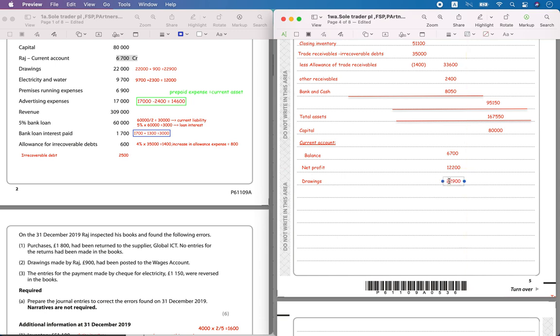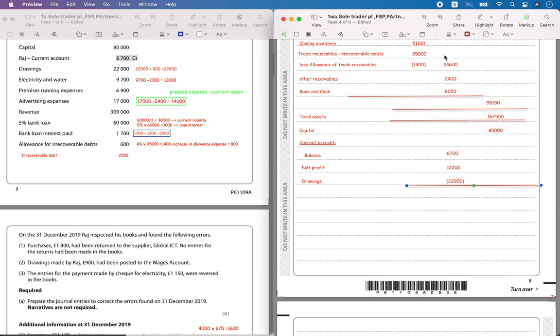Now let's calculate the balance. Drawings have to be subtracted. So balance plus net profit minus the drawings will give me the current account balance. If we see, we have a negative balance of 4,000. Let's put that.